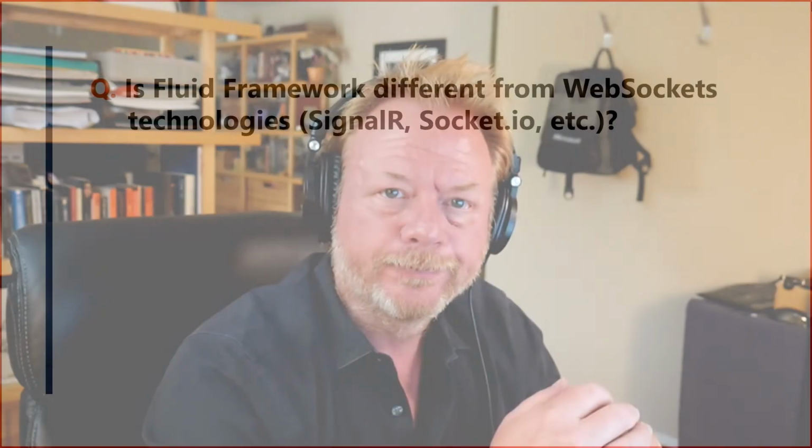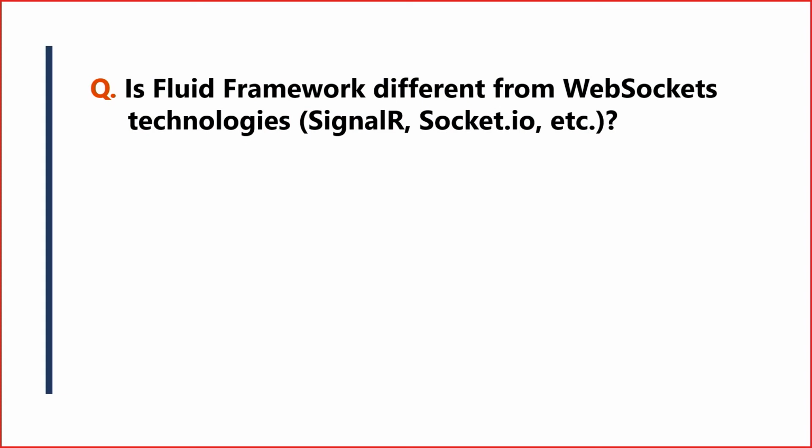And the Fluid service also stores the data to the storage layer as well. So as you saw in that other diagram, we use WebSockets to communicate between the client and the Fluid service.